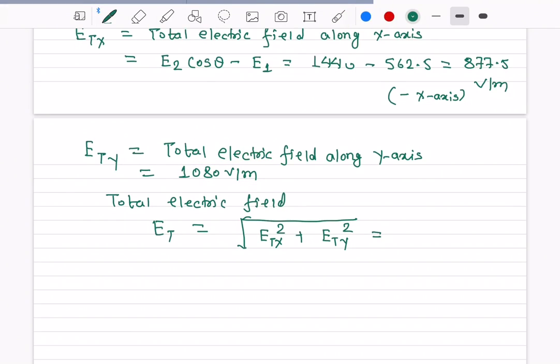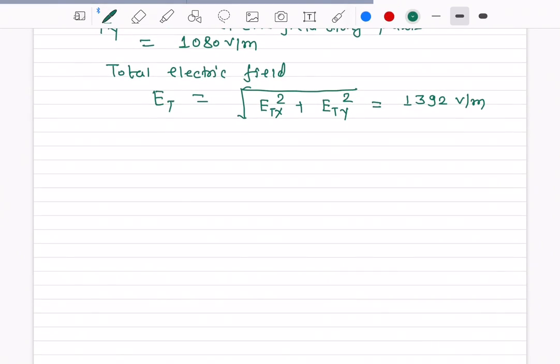And we know now the value of ETX. This is the ETX value and this is the ETY value. We plug them together, then the value you will get is 1392 volt per meter.